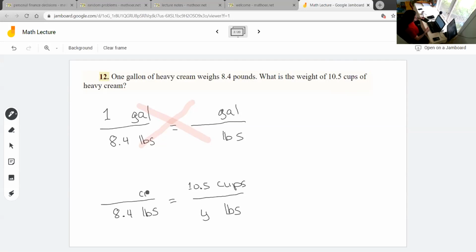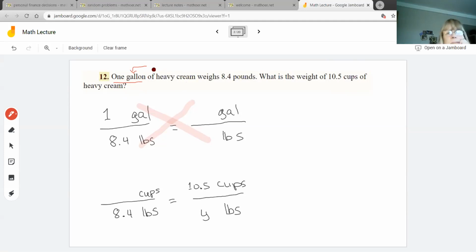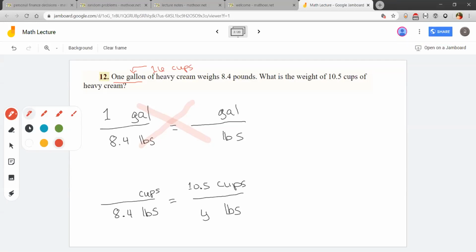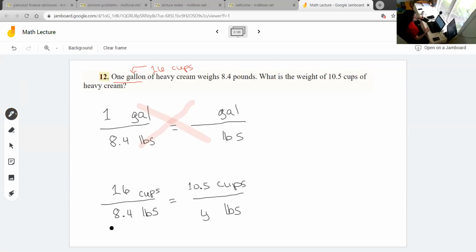If I have cups on top, I need to have cups on top all the time. So 1 gallon is how many cups? Remember the picture we had in our notes? 16. Put a 16 here. And now I have a proportion that works.